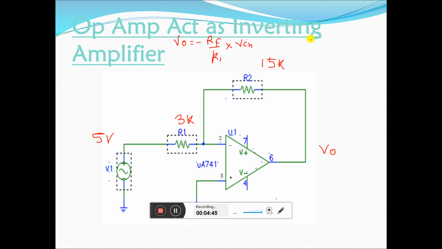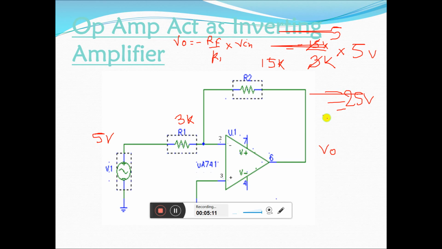So here Rf is 15k, with the minus sign, divided by 3k, multiplied by the input voltage of 5 volt. Then 15 divided by 3 is 5. So 5 multiplied by 5 is 25 volt, which is negative. So this is the example of the inverting amplifier.